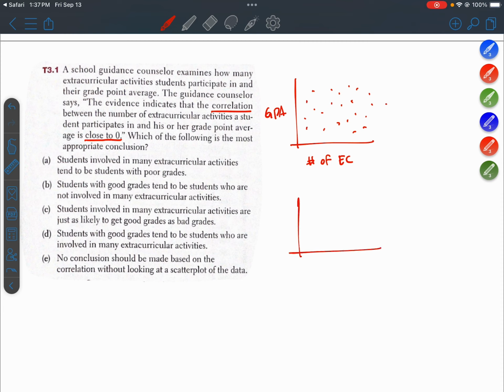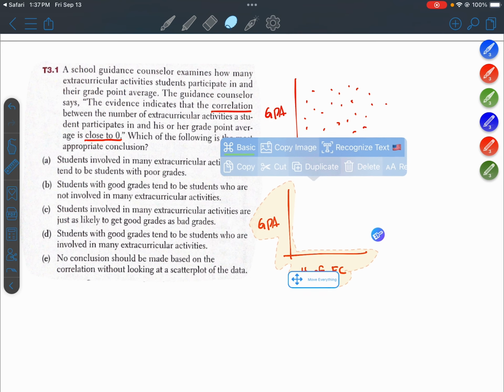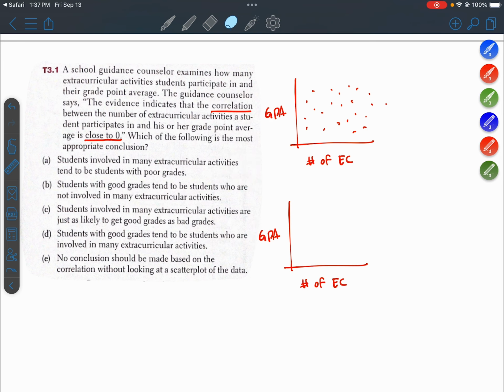However, it's also possible that the relationship does have a pattern, just not a linear one, right? So let me copy the axes. So it's possible that the scatter plot might look something like that, okay?